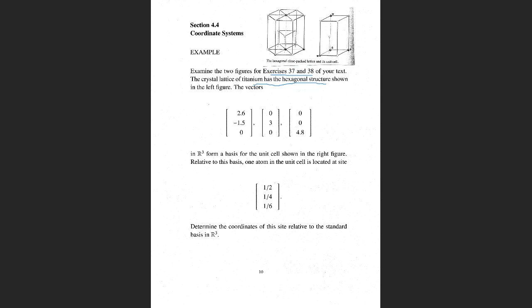Right, so what I have here, and this is going to be in the recording, I'm not expecting you to copy down these figures, but what we have here is the crystal lattice of titanium, and it has the hexagonal structure shown in the left figure. And these three vectors here form a basis for the unit cell shown in the figure.